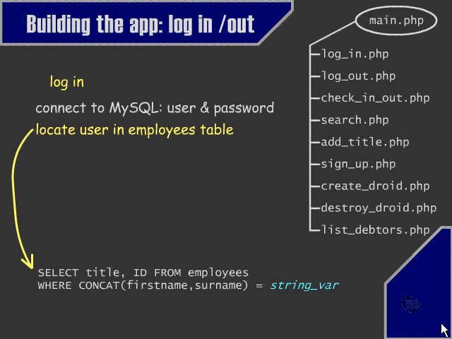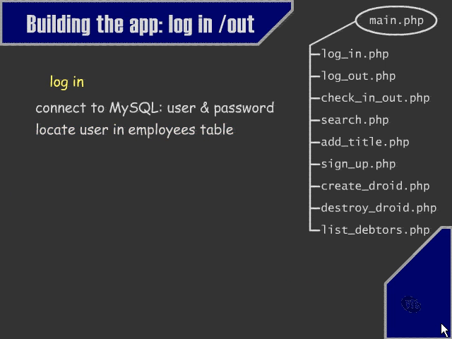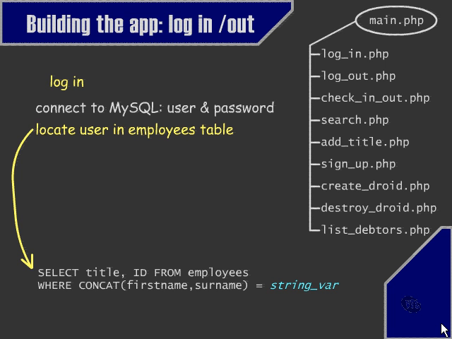Select title and ID from the employees table, where concat(first name, surname) equals, and here's an application variable that I'm using to represent a variable that is going to be manipulated by the application itself. I've used the concat function, which is a MySQL function which essentially runs two strings or alphanumeric values together.